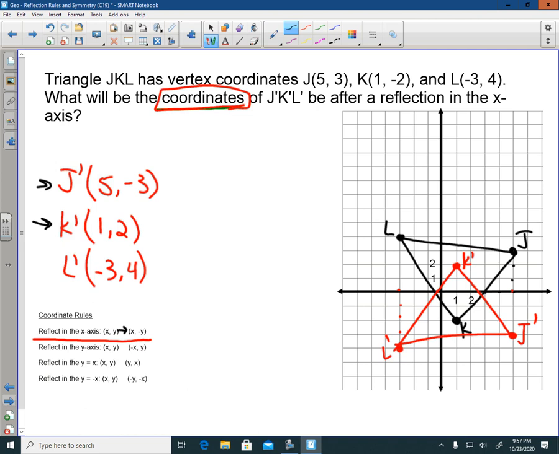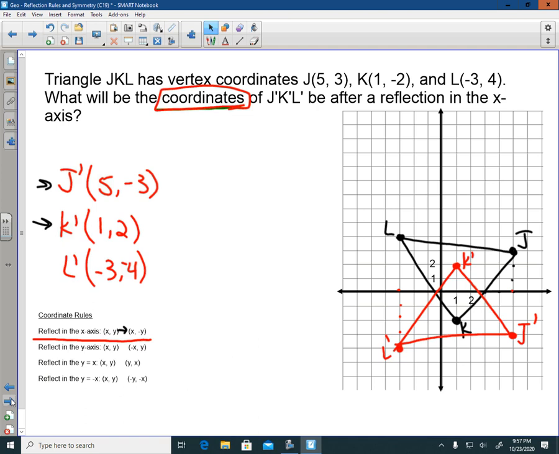The negative sign on that y just turns it to its opposite. And then L, which lives at negative 3, 4, I forgot a negative sign. Oops. Actually, L' lives at negative 3, negative 4, which, yeah.